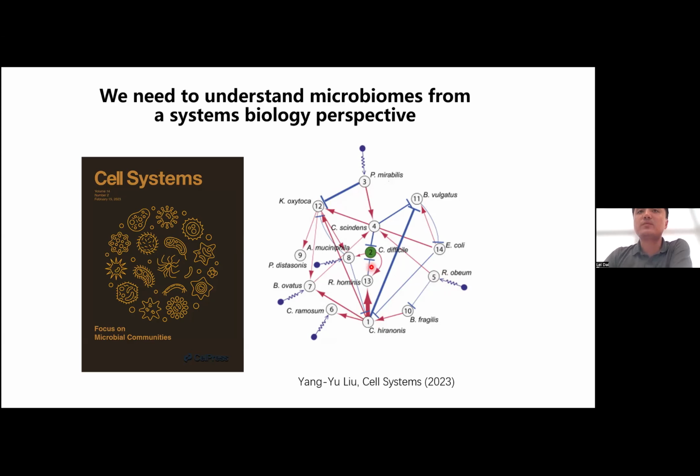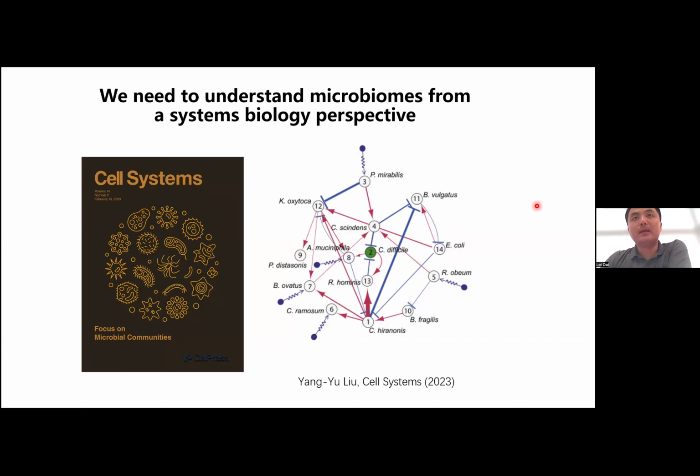And the goal sometimes, for example in this case, he put Clostridium difficile, a well-known pathogen, in the middle, where the goal might be how can I reduce the bacterial load of C. difficile, given this network.